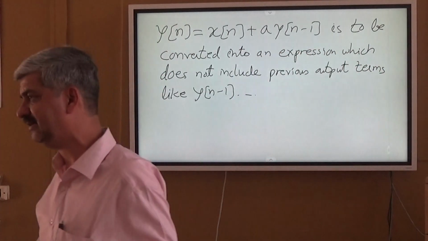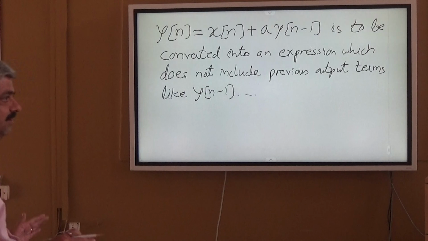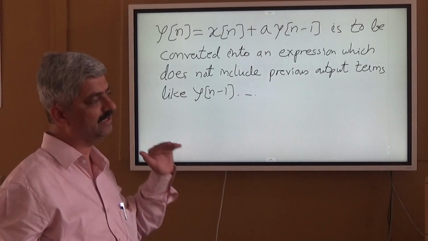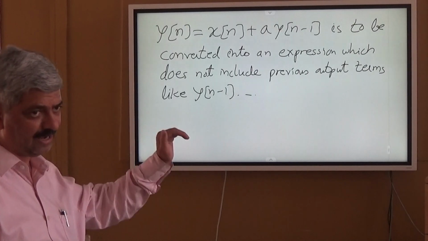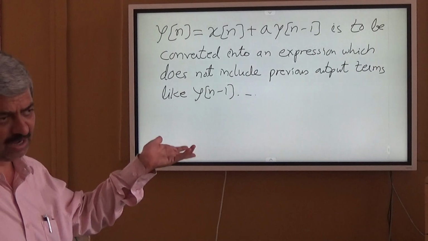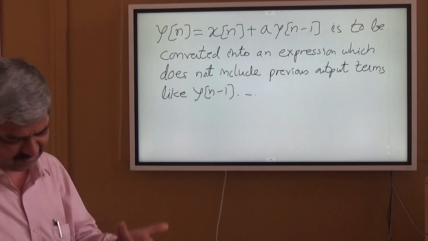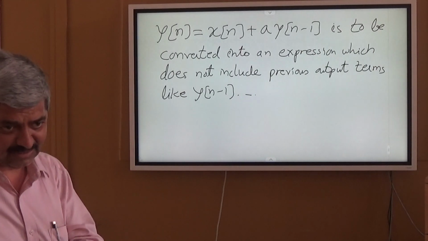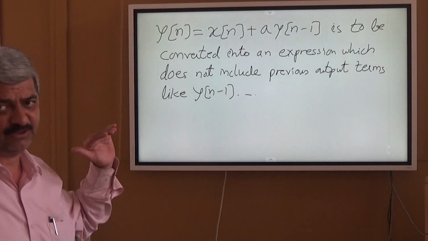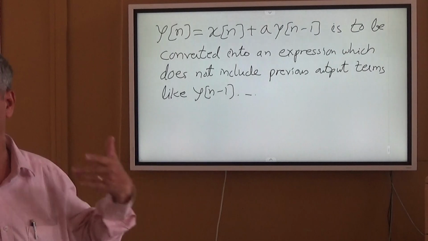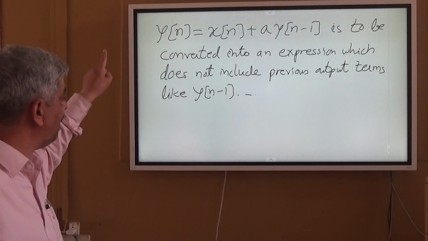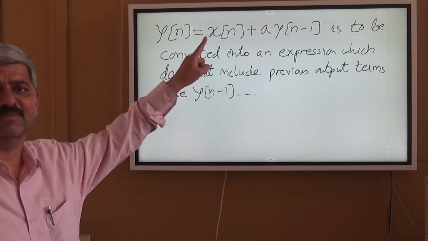There is an input array xn, starting from 0 onwards, that is fed as an input to a computer program, or even a manual calculator, meaning you can write on paper, and that is expected to generate y0, y1, y2 and so on. So the general expression is yn is equal to xn plus a yn minus 1.